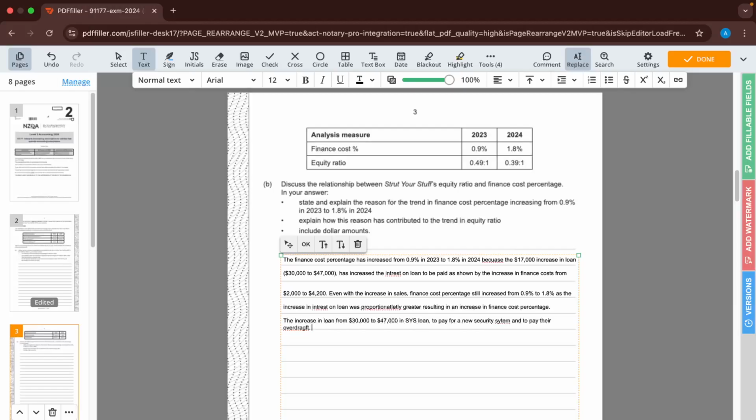Sorry, hold on. Okay, my apologies. I'll just delete that actually. So equity ratio is not that at all.